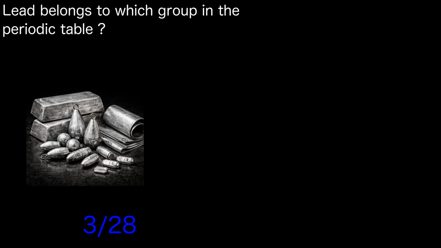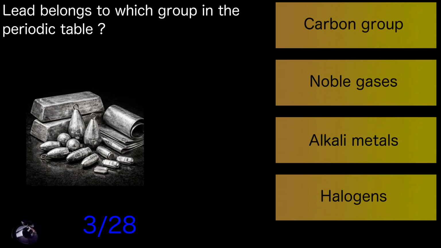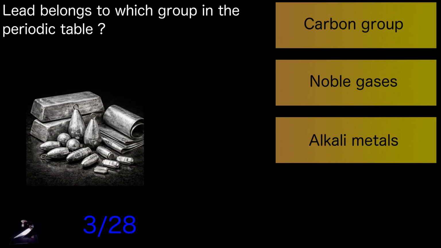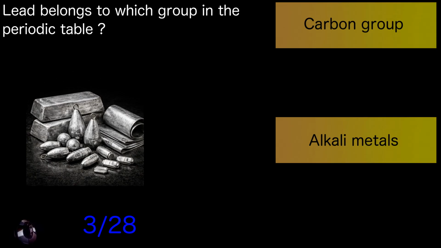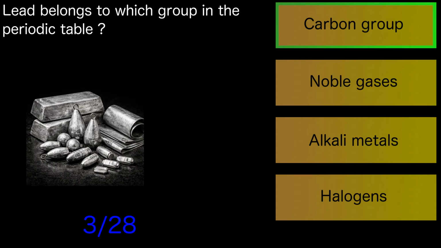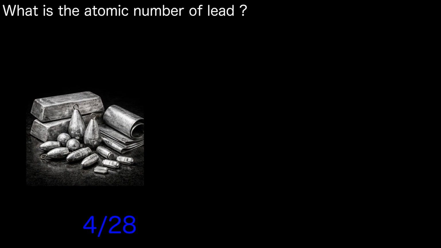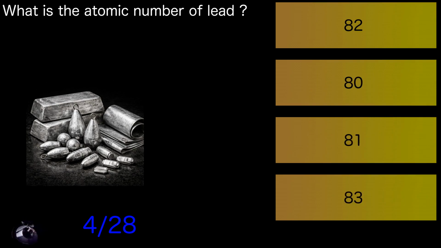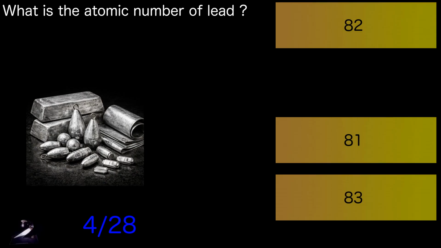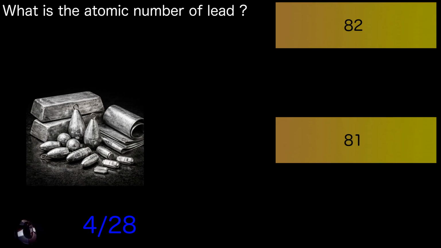Lead belongs to which group in the periodic table? Carbon group. What is the atomic number of lead? 82.